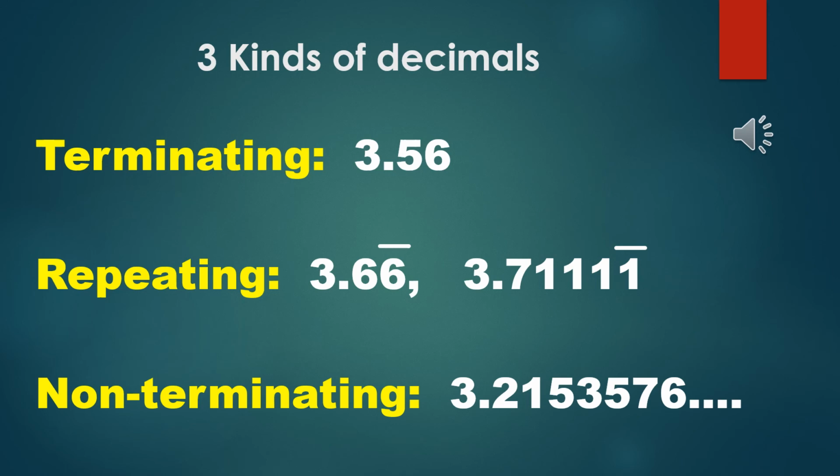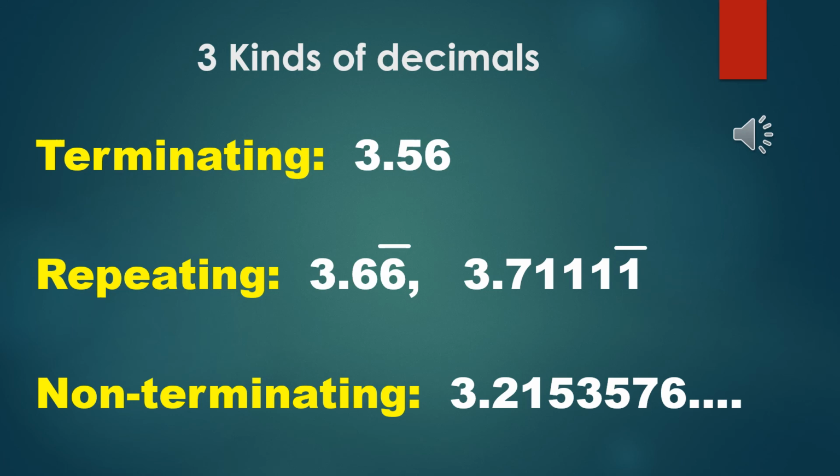The decimal could be 3.6666666 and so on. Or the next one could be 3.711111111 and on forever. These are called repeating decimals. This becomes important a little bit later on.